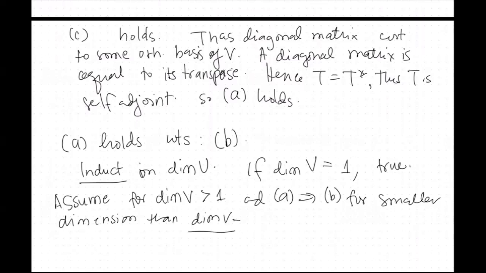The dim V here is the dimension of the original vector space.